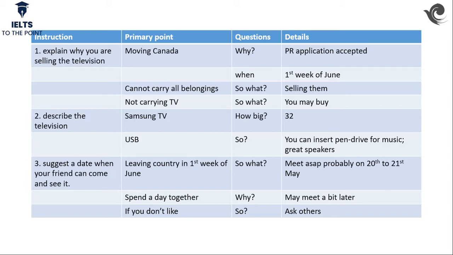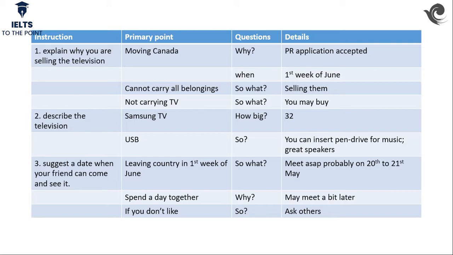Okay, so again, these questions help you to understand how to develop the details. Why do we need details? First of all, we need details so that we can put some logical points and explain the primary points.